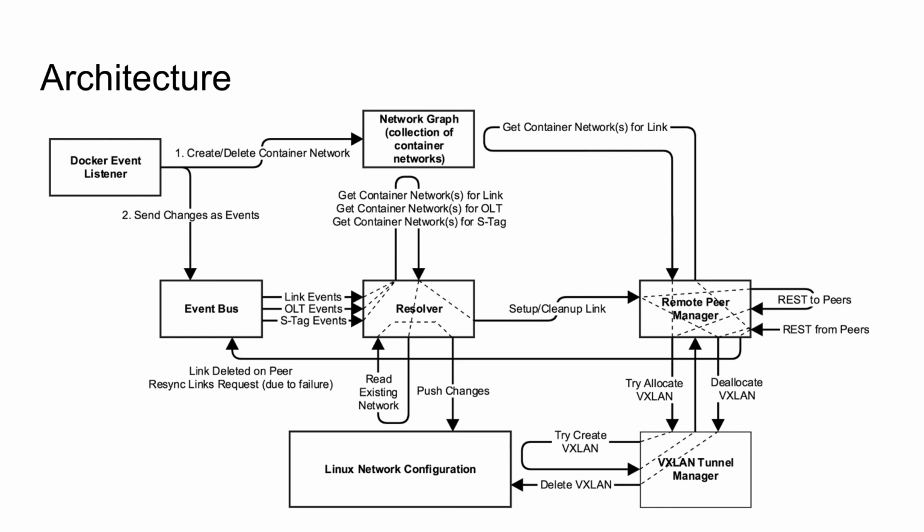So there's a little bit of extra complexity because it has to allocate VXLANs, but it's basically doing the same thing. It's looking at what my network graph looks like, what the peer says their network graph should look like, and whether anything should be connected together.